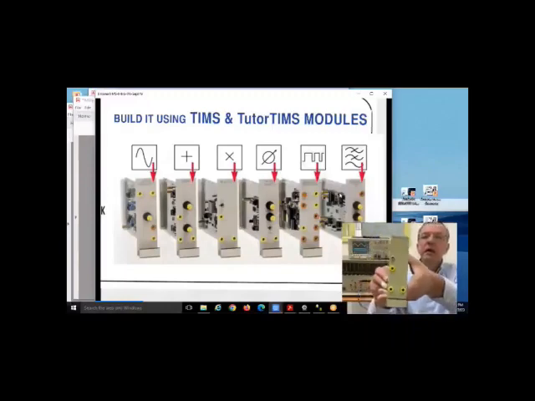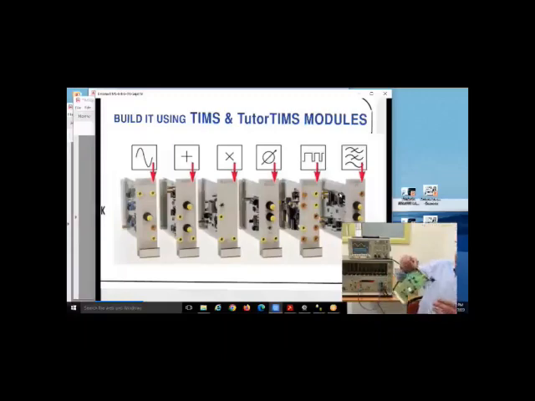For example, here you can see inputs are on the left, outputs are on the right. Analog level signals, bipolar signals, are yellow, and you can see from the system behind me and here, digital signals are red. So immediately there's this convention.